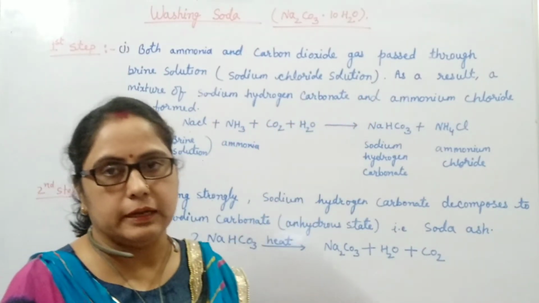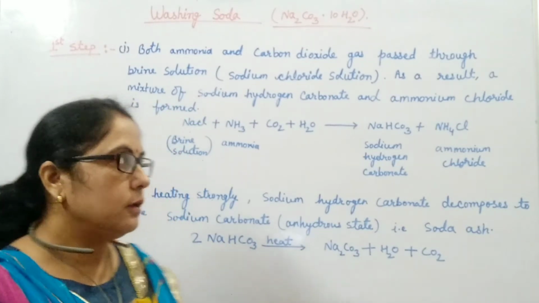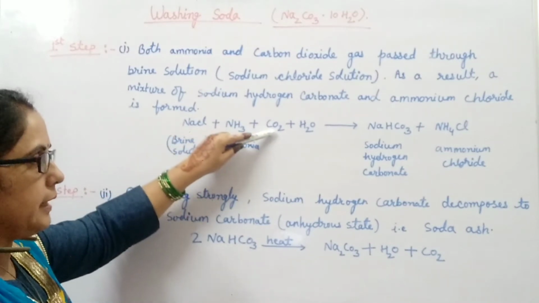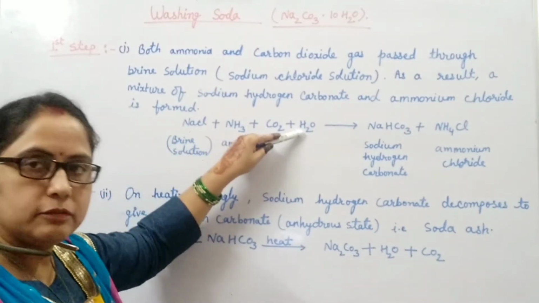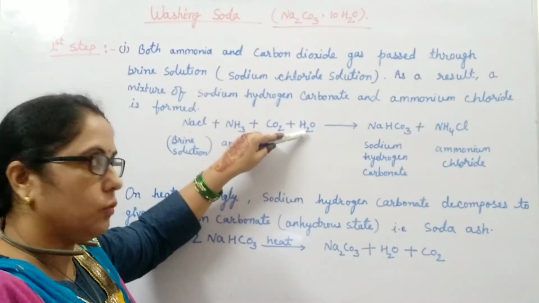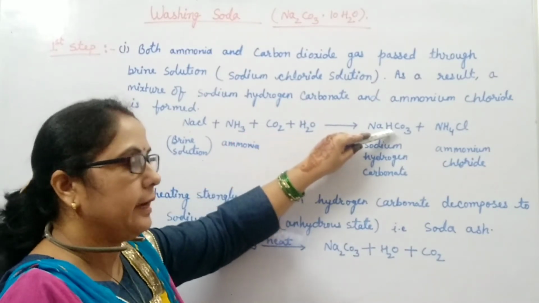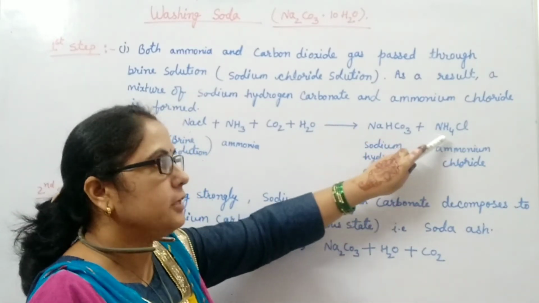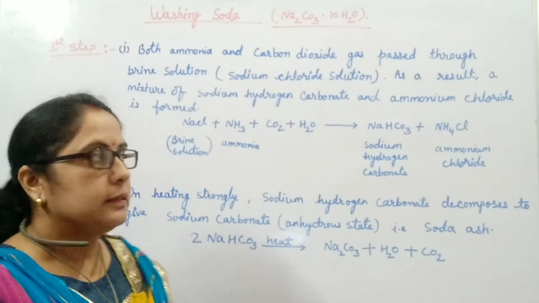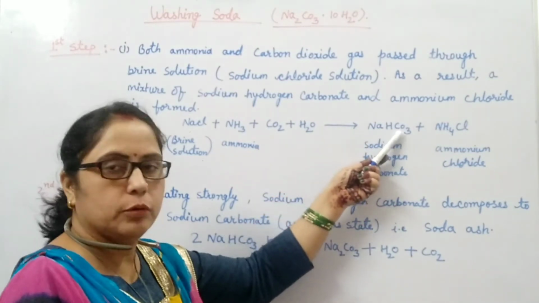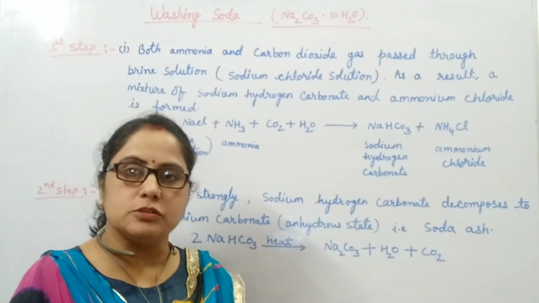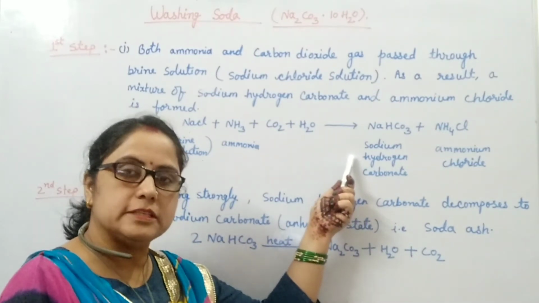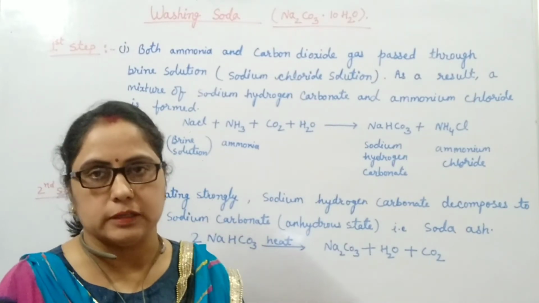By using the chemical equation, we can represent it: NaCl, when it reacts with ammonia and carbon dioxide in the aqueous solution, that is, we use water, we get sodium hydrogen carbonate and ammonium chloride, NH4Cl. This sodium hydrogen carbonate is also a type of salt which is slightly soluble in water.